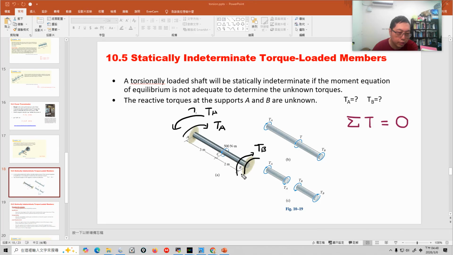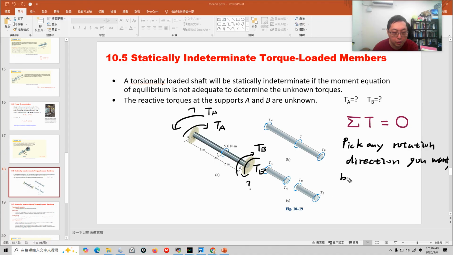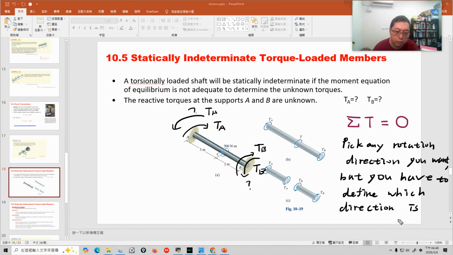Actually, you can pick any rotation direction you want, but you have to define which direction is positive.